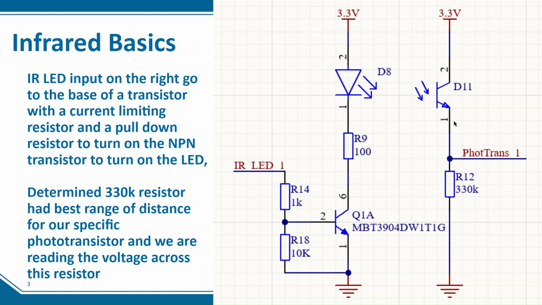On the opposite side, we have the phototransistor, which will take the light emitted from the LED and bounced off the object, and turn this gate on more or less. So, for example, we have 3.3 volts right here, and let's say the transistor is turned on enough to be like 100 kiloohms.